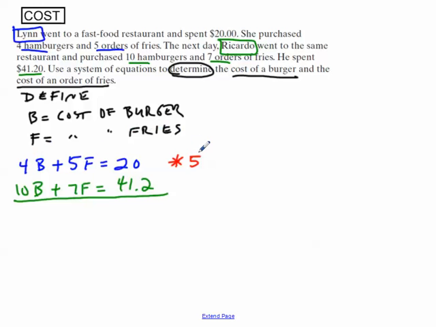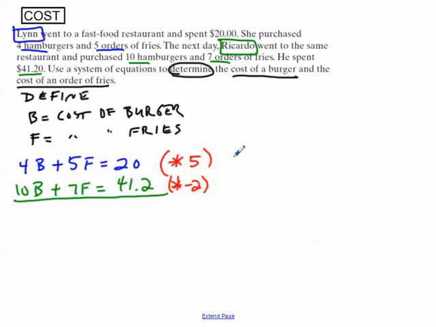If I multiply by 5, I'll get 20b. If I multiply this by -2, I would get -20b, and those would cancel out. So let's multiply by 5 here, and by -2 here, and we'll see if we can get things correct on the right.